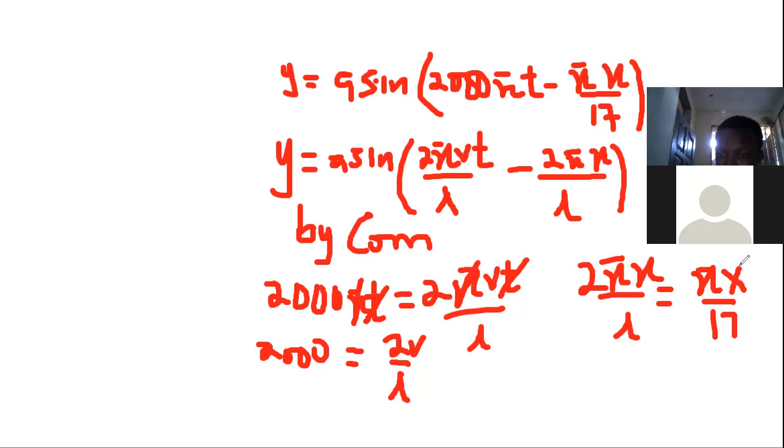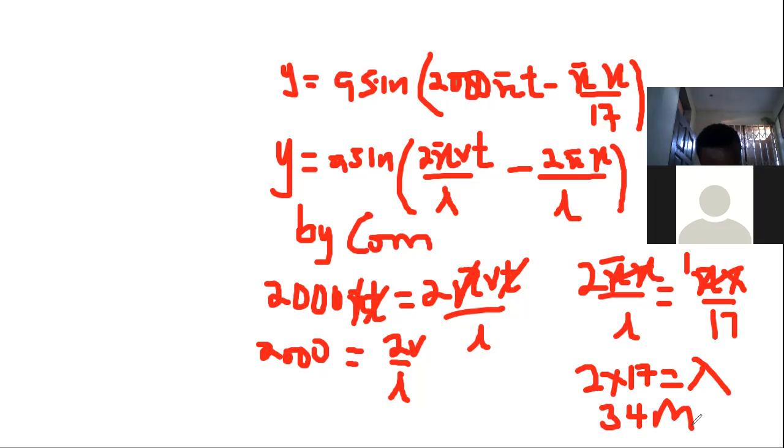So don't forget this, we'll cancel this. So we can get 1 here. So this times this will be equal to this. So 2 times 17 will be equal to the wavelength. Have you seen it?